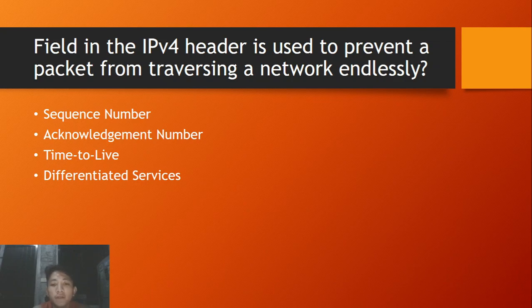If the TTL field decrements to 0, the router discards the packet and sends an Internet Control Message Protocol or ICMP time exceeded message to the source IP address. The differentiated services DS field is used to determine the priority of each packet. Sequence number and acknowledgement number are two fields in the TCP header.